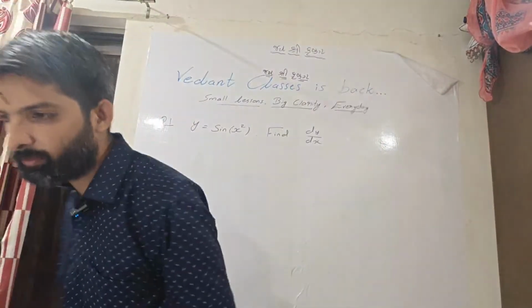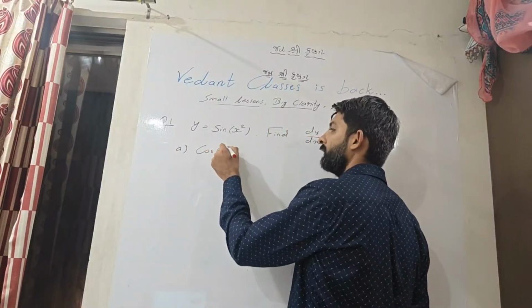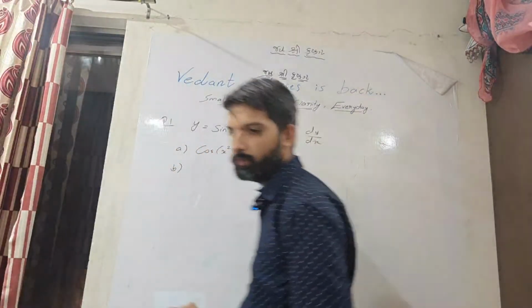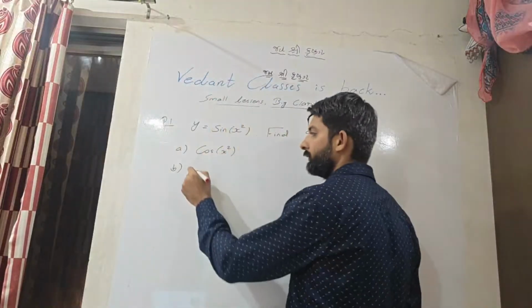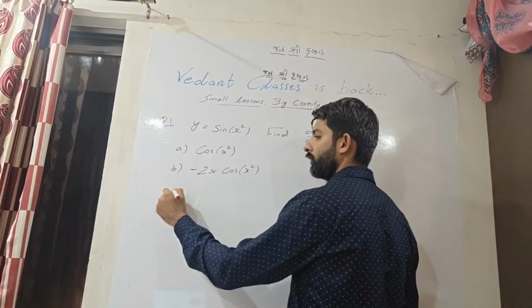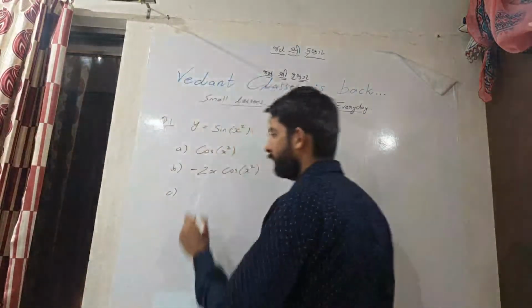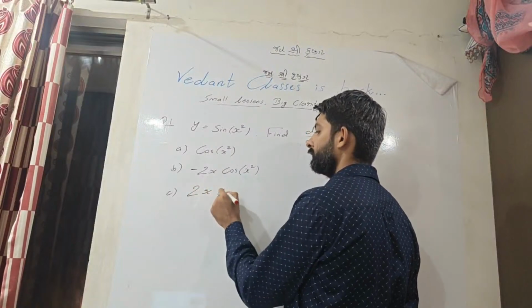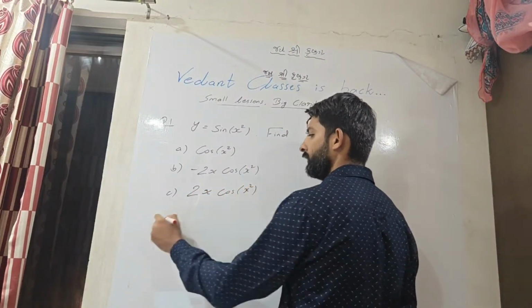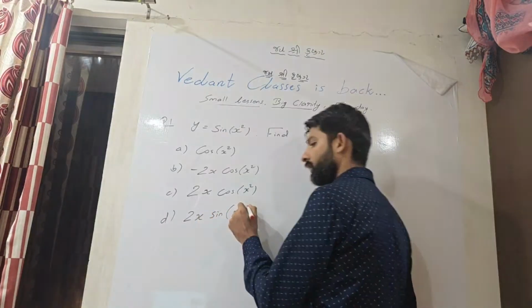Option A: x square cos x square. Option B: minus 2x cos x square. Option C: 2x cos x square. And option D: 2x sin x square.